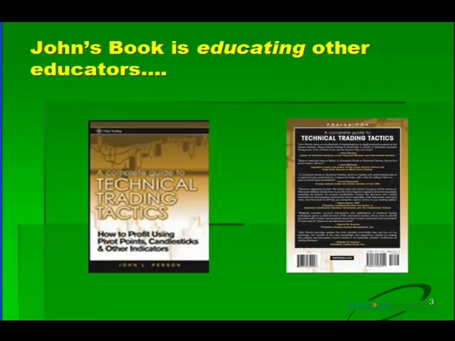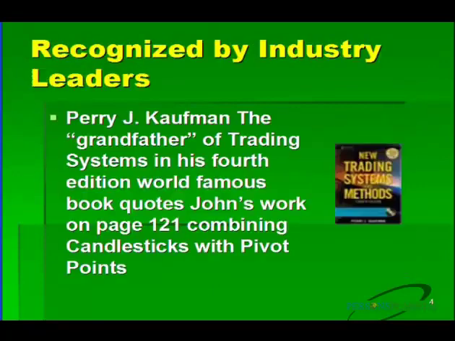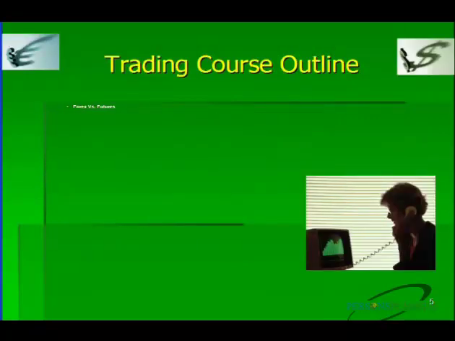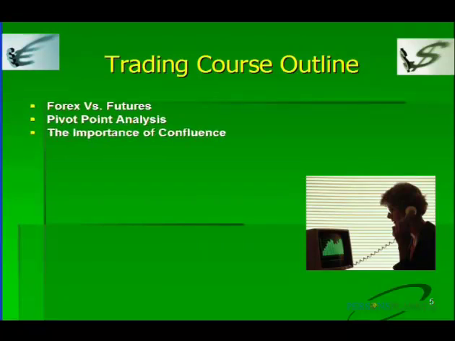This book has helped pave the way for other educators educating people in the art of candlestick and pivot point analysis. In fact, in Perry Kaufman's new trading systems and methods, the 4th edition, he quotes my work on page 121 on how important it is to combine candlesticks with pivot point analysis. So these are methods that people have truly adapted to, and it is a very good, solid trading methodology.